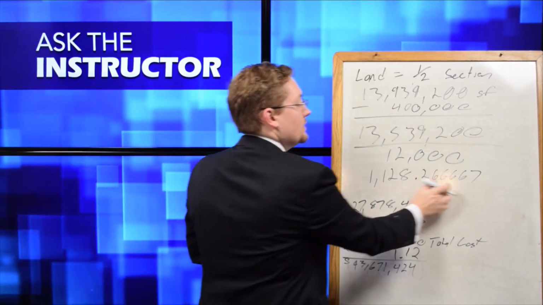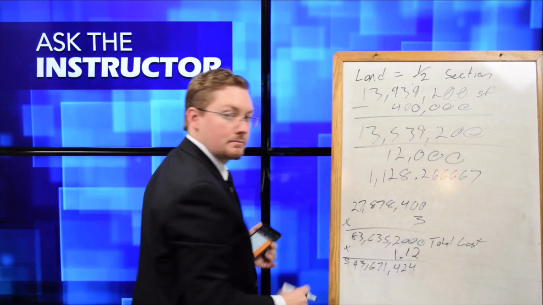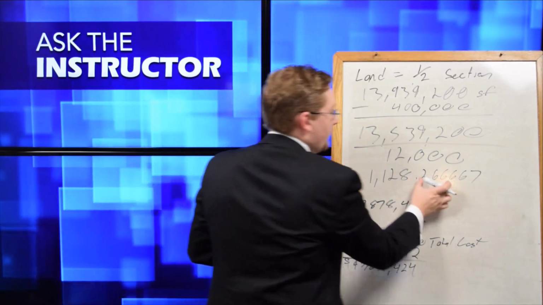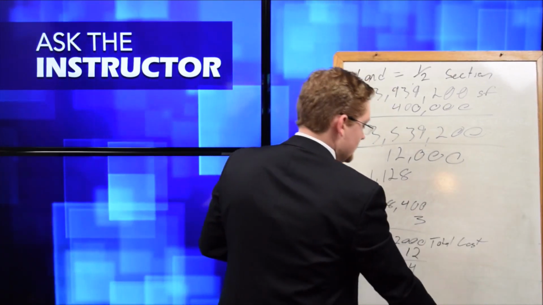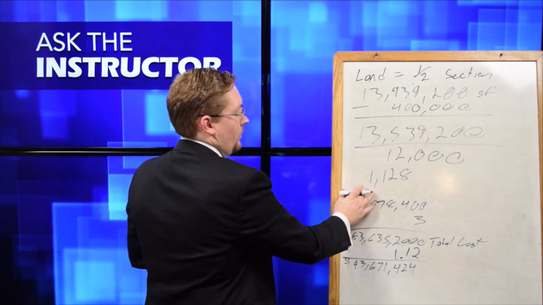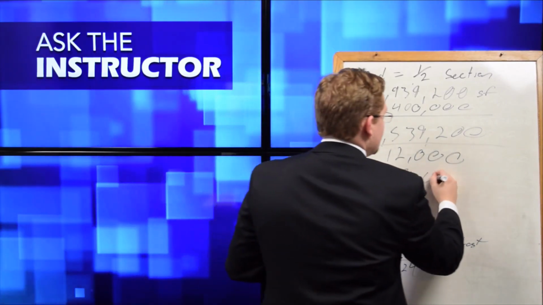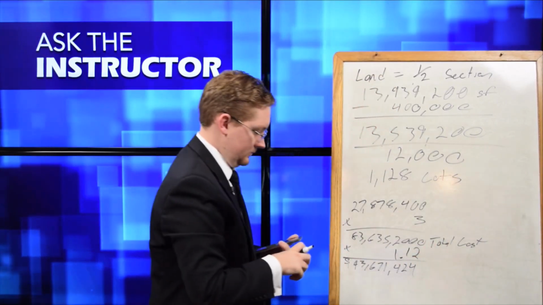Now, can we have 0.2666667 of a lot? Absolutely not. That's not a full lot. It'll violate the 12,000 square feet minimum lot requirement. So we just have 1,128 lots we can develop.